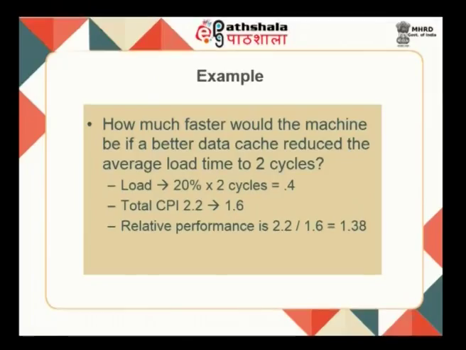So, 20% of your instruction mix and 2 cycles constitutes about 0.4. The total CPI was 2.2 originally. Now, it has reduced to 1.6. So, the relative performance improvement is 2.2 divided by 1.6, which is 1.38.